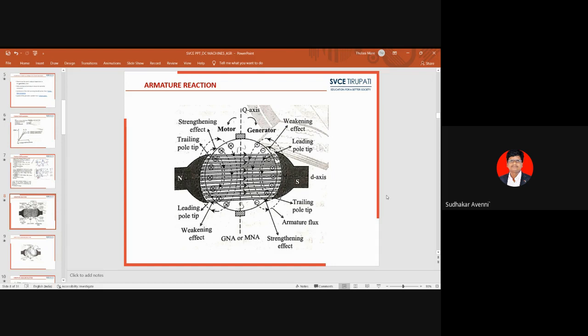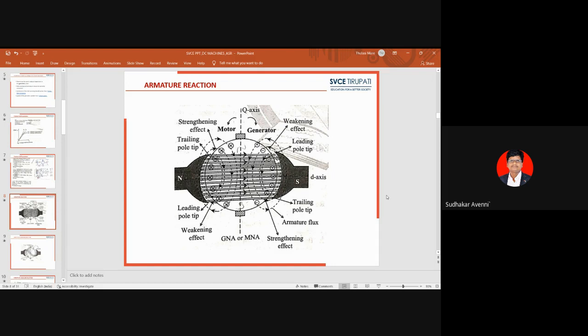The strengthening effect is always less than the weakening effect. Because of this, a demagnetization effect exists in these machines. Why is the strengthening effect always less than the weakening effect? Because of saturation of the trailing pole tips.